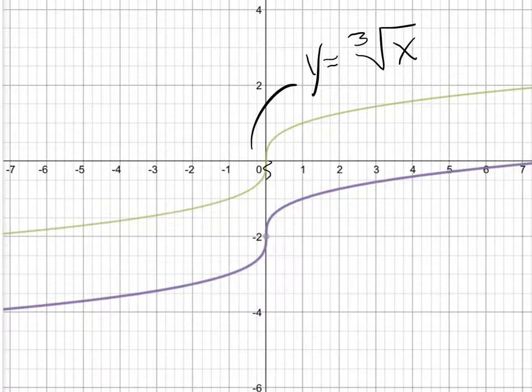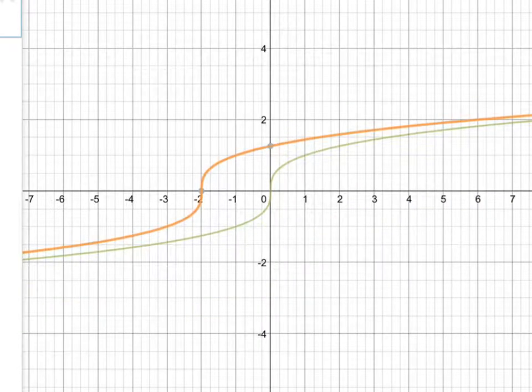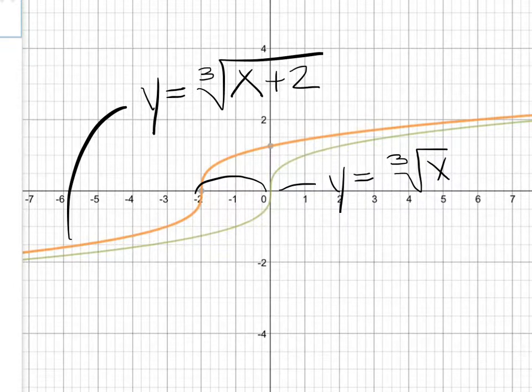This one has been moved down 2, so it should be y equals the cube root of x and minus 2 on the outside. Parent function is y equals the cube root of x. This one has been moved back 2 places, so it should be y equals the cube root of x plus 2 underneath the sign.